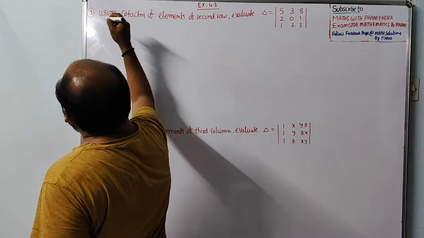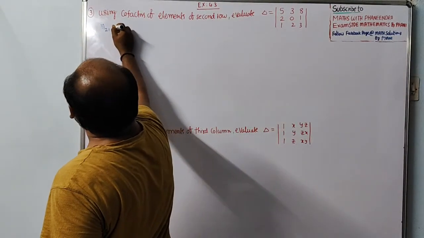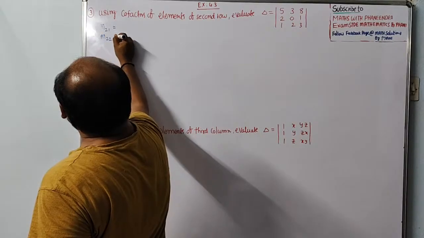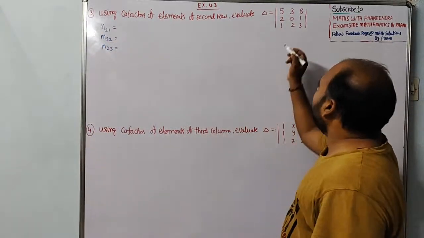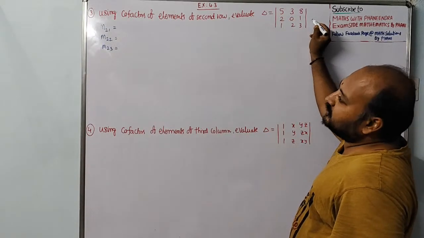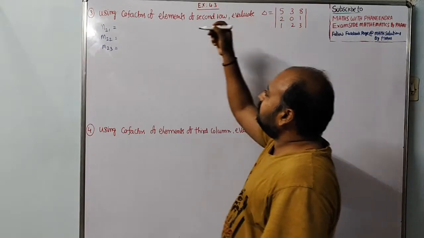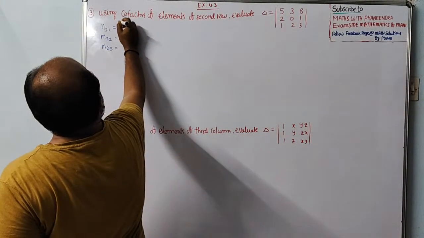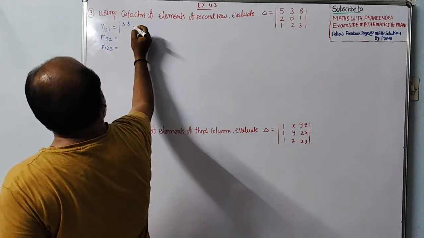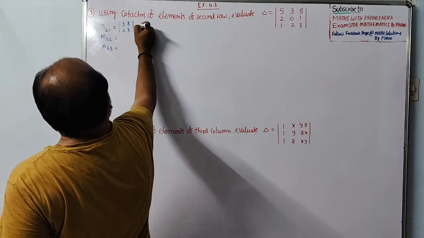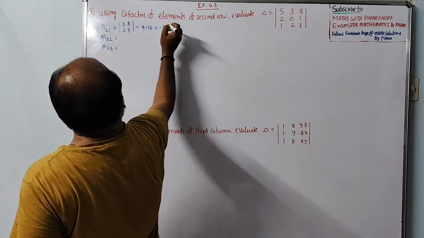Before calculating cofactors, the second row means it starts from 2 0 1, so calculate M21, M22, M23 first. M21 means eliminate second row, first column, and 3 8, 2 3 will come. So 9 minus 16, which is equal to minus 7.